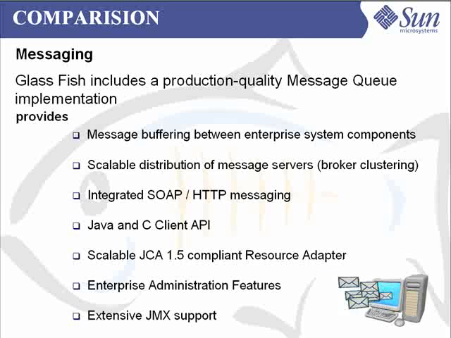Messaging. Glassfish includes a production quality message queue implementation, and it provides message buffering, scalable distribution, integrated SOAP or HTTP messaging, Java and C client API, scalable JCA compliant resource adapter, enterprise administration features, and extensive JMX support.